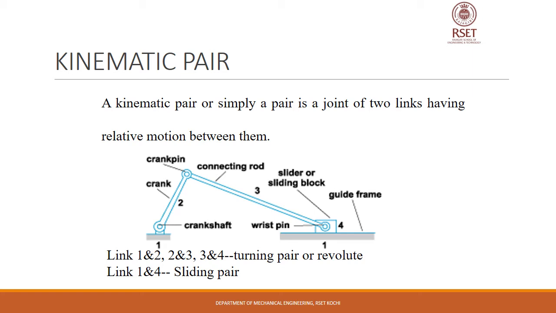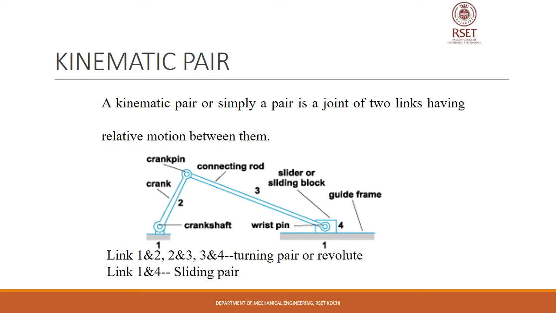The piston cannot completely rotate about the connecting rod. It can have an angular motion, some tilting. So that is also considered a turning pair. It doesn't need to rotate a complete 360 degrees; it can have some angular motion. That is why it is considered a turning pair, or revolute pair.